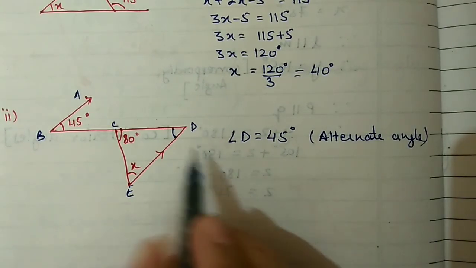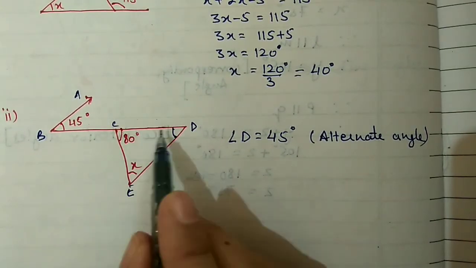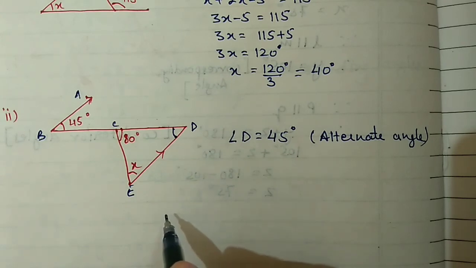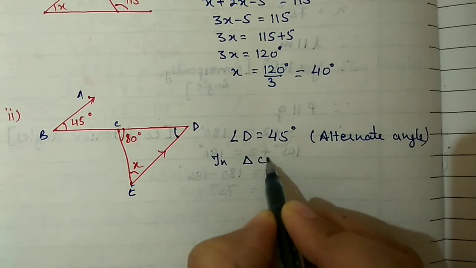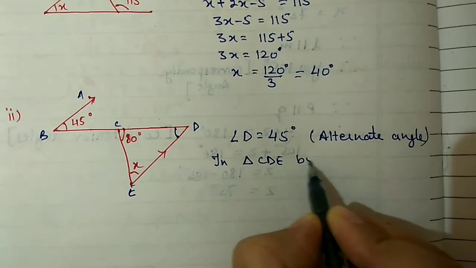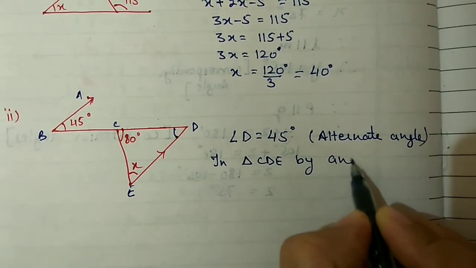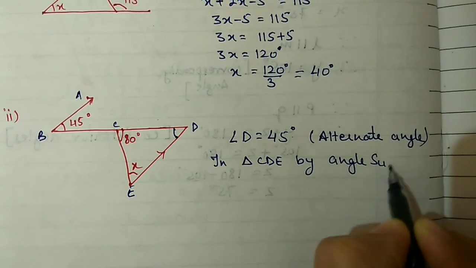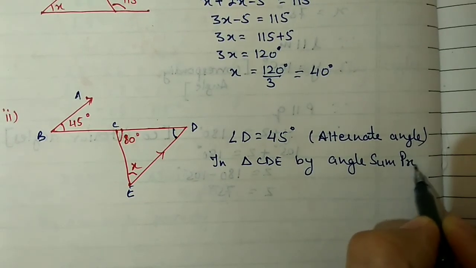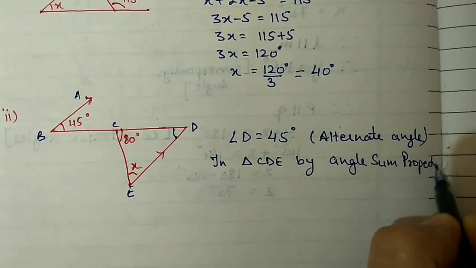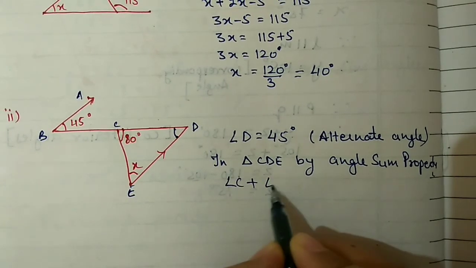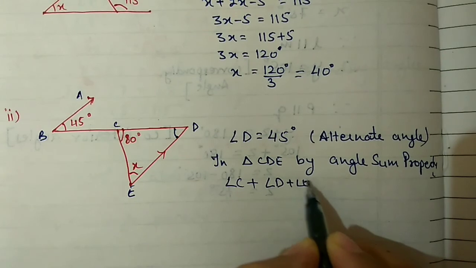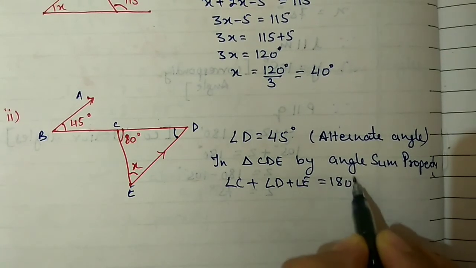After getting the D value, now you can use the angle sum property in this triangle CDE. Now in triangle CDE, by angle sum property, angle C plus angle D plus angle E will be equal to 180 degrees.